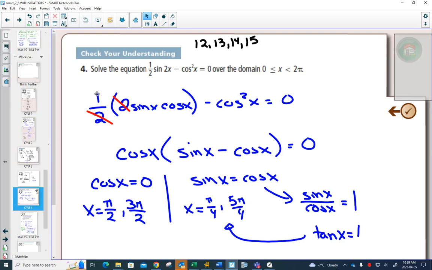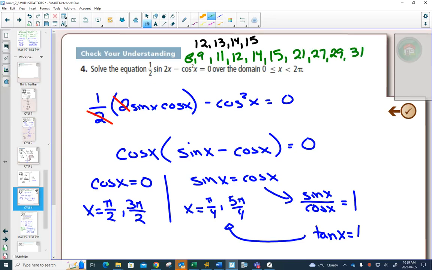So take out a different color, and I would get you to, on there, circle 8, 9, 11, 12, 14, 15, 21, 27, 29, and 31.